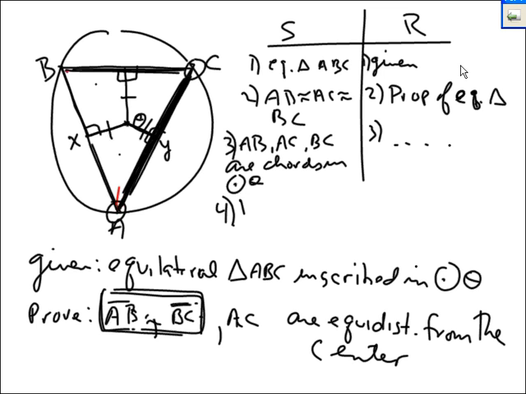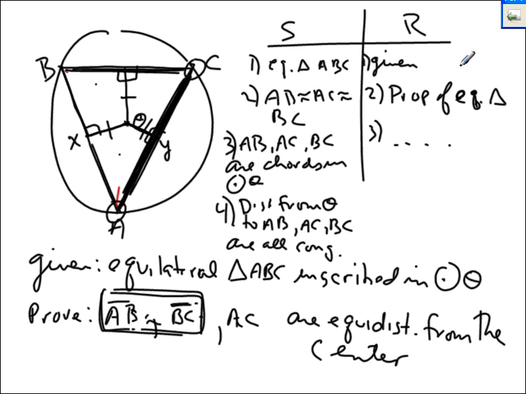And this is the theorem. The distance from O to AB, AC, and BC are all congruent. And basically, it's that theorem, one of the two theorems we talked about.